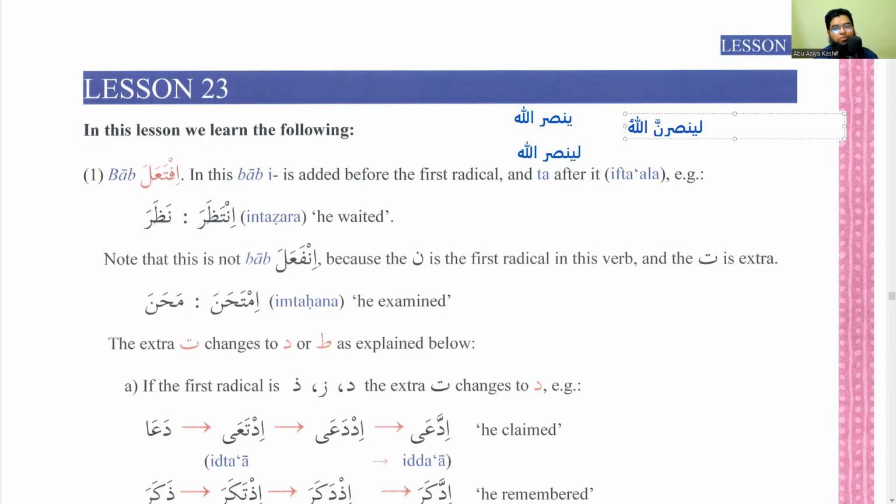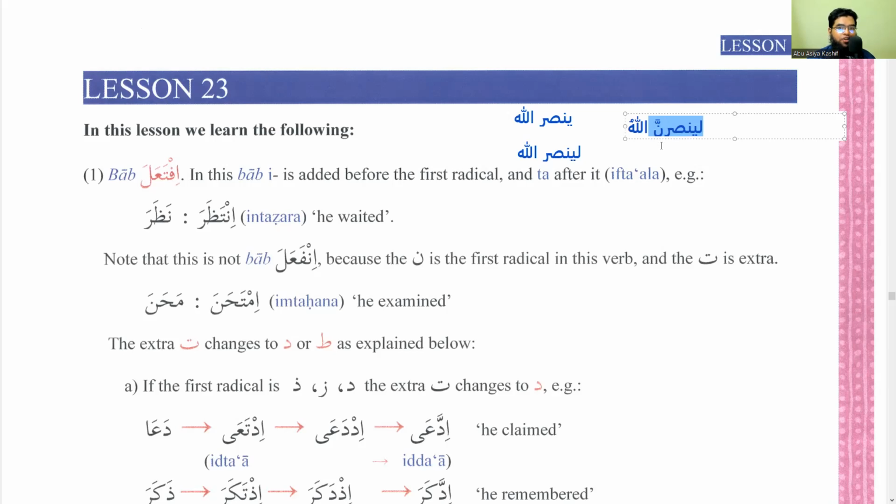La yansurunnahum. Something like that. And then this also has its own conjugation: yansurunna, yansurunnani, yansurunna, tansurunnani, and all that. Nani also for duals. Tansurununna. He doesn't go into the conjugation because it's very common. But nani, nunni, and all that, it comes. Unna, you drop one noon and all that, we'll see.